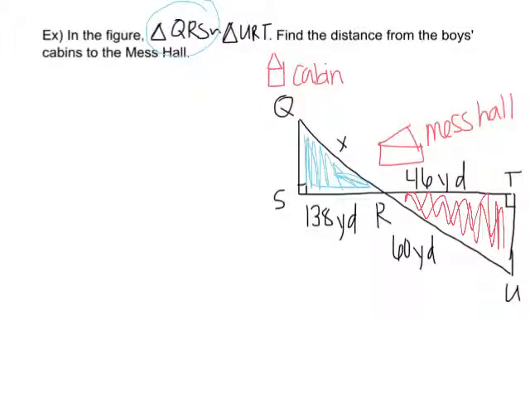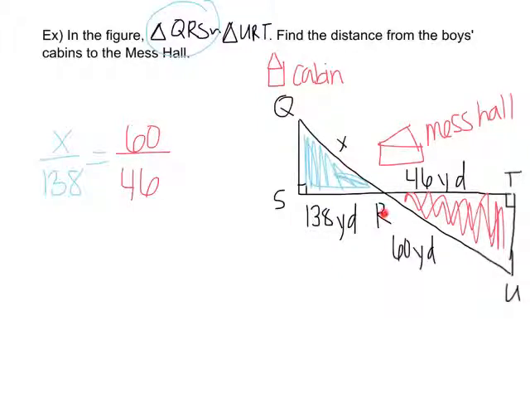And I'm going to say, okay, well, if I have x over 138, that's going to be set equal to, and I have my hypotenuse on top, so I need my hypotenuse on top for my other proportion, is going to equal 60 over 46.